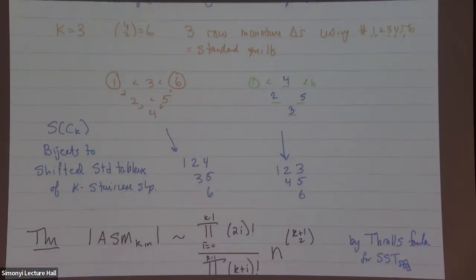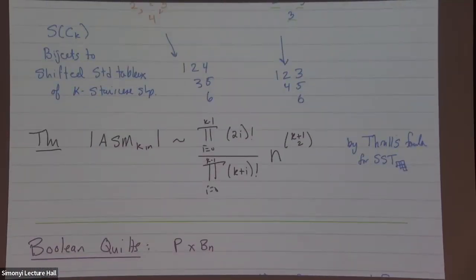So the standard quilts for CK biject to shifted standard tableau of staircase shape, K rows. And in which case there is actually a hook length formula that's already in Thrall's paper. So we at least know now the asymptotics of the rectangular ASMs from this.